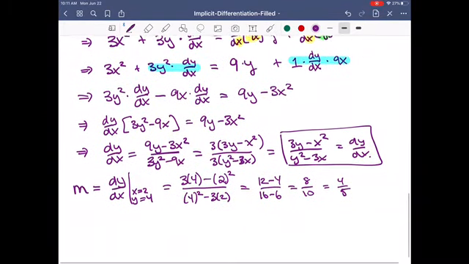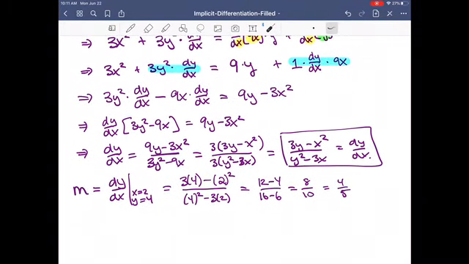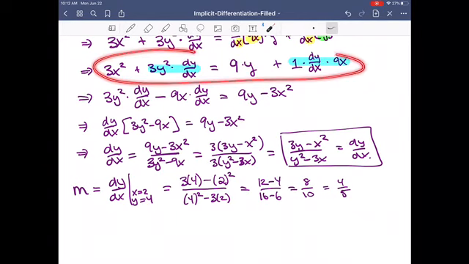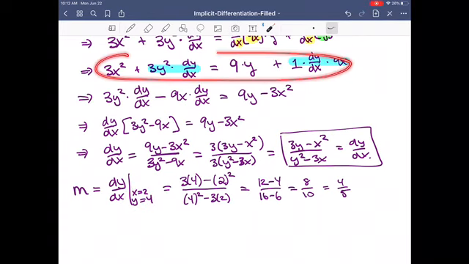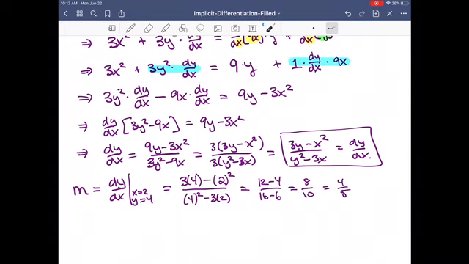Now I should make a note here. As of here, we're done differentiating. Well, maybe I should say here. This is the last step where we were still taking derivatives. So at this point, we're done taking derivatives. If you want, you can plug in your values right at this point and then solve for dy dx with only numbers around. That's totally fine because we only want the derivative at that point.